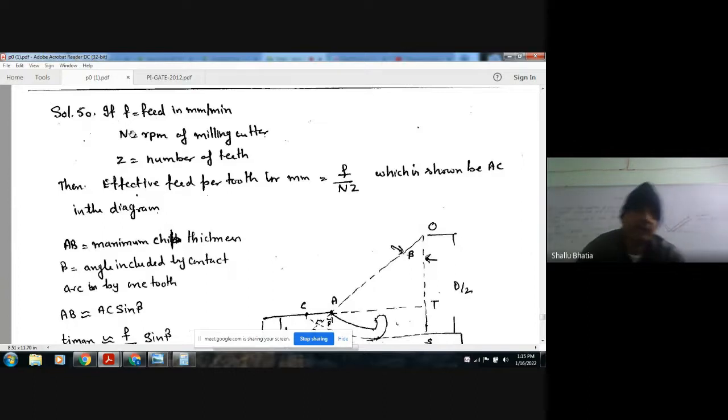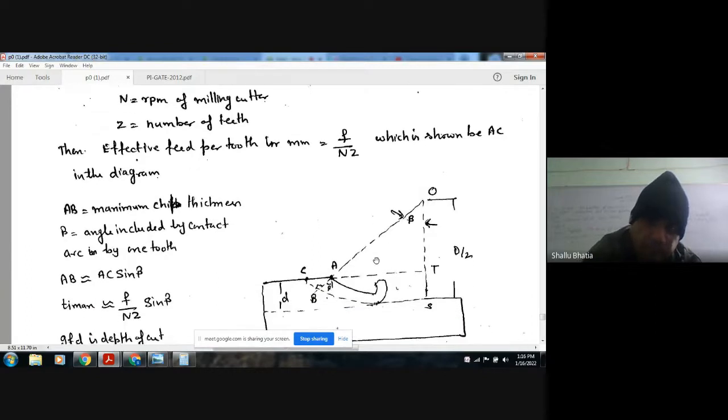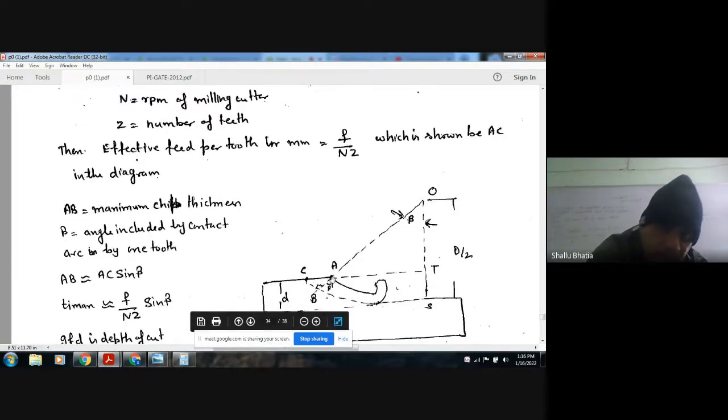Then if we divide F by N by Z, the feed will become per tooth. So this is feed per tooth, and this is shown in the figure. In one tooth, the feed is equal to this AC.